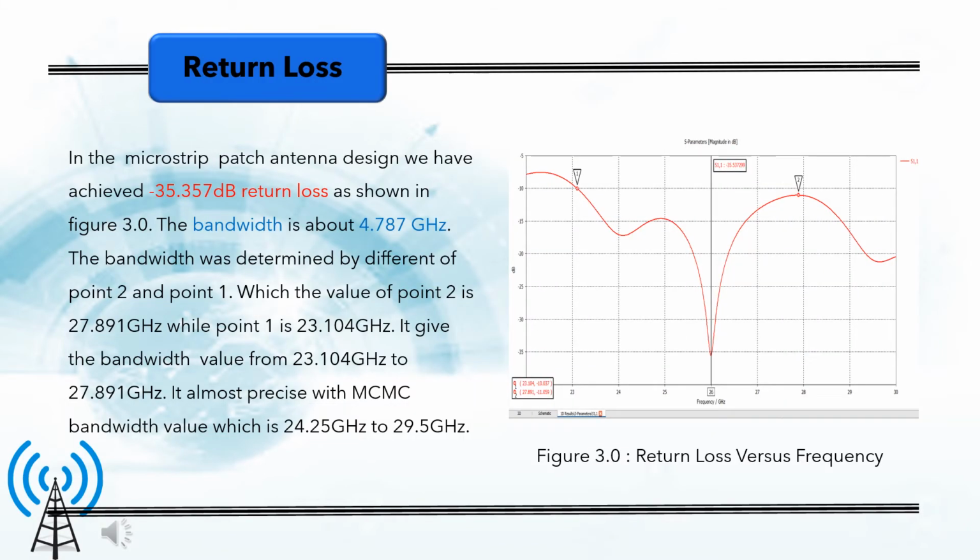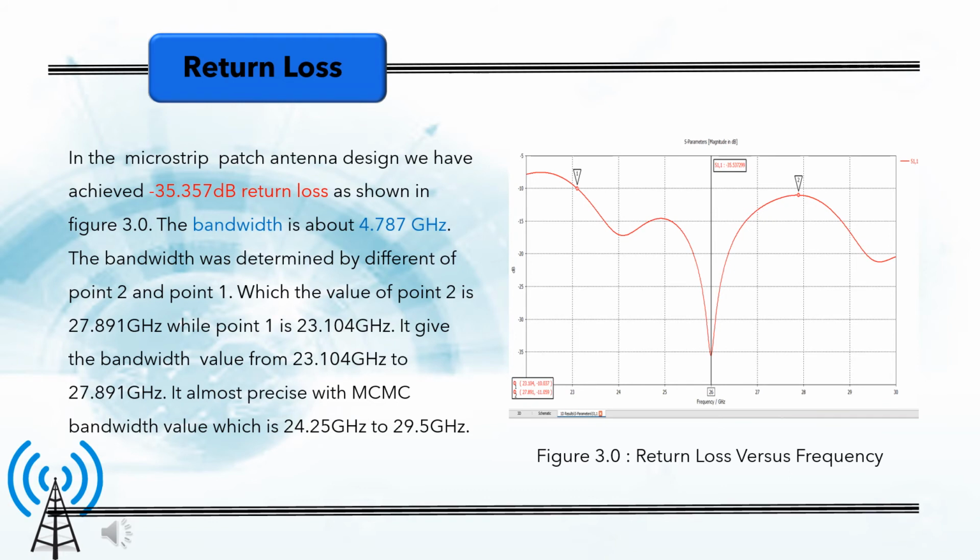Now I will focus on return loss. In the microstrip patch antenna design, we have achieved negative 35.357 dB return loss as shown in figure 3.0. The bandwidth is about 4.787 GHz. The bandwidth was determined by the difference of point 2 and point 1, where the value of point 2 is 27.891 GHz, while point 1 is 23.104 GHz.